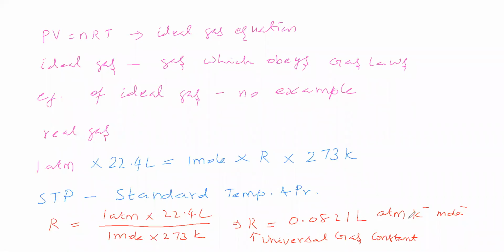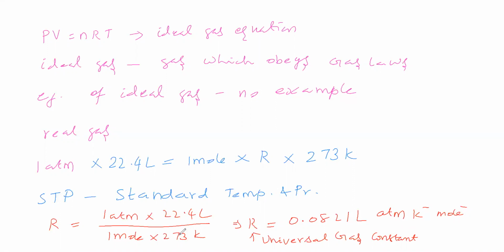Let us convert this into SI system. For that, we have to convert liter and atmosphere. Liter into atmosphere is work done, since pressure into volume is work done, as we have seen.